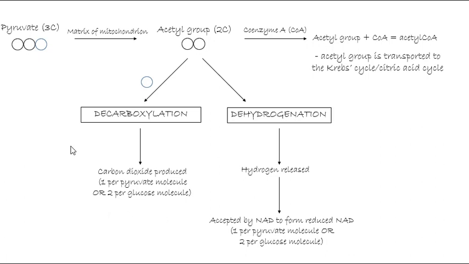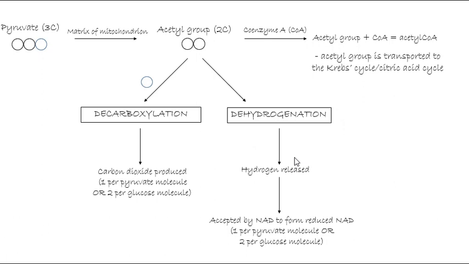Now that we have looked at decarboxylation, let's see what else happens during the conversion of 3-carbon pyruvate to 2-carbon acetyl group. Another process that occurs in addition to decarboxylation is dehydrogenation. Now from glycolysis, you should already know what dehydrogenation means, because I have explained it in detail in the previous glycolysis video, which you can check out on my channel.